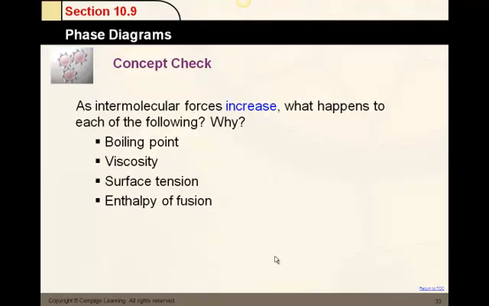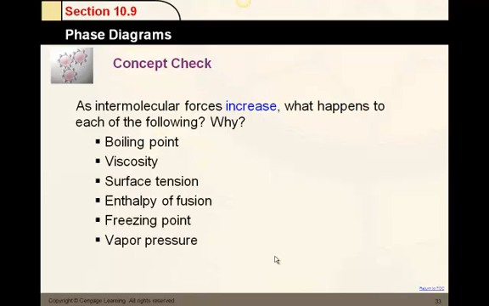The enthalpy of fusion: how much energy does it take to break apart the solid to become a liquid? Again, as intermolecular force increases, so does enthalpy of fusion. How about the freezing point? It may or may not have too much effect, but it may have an effect. And then the vapor pressure.